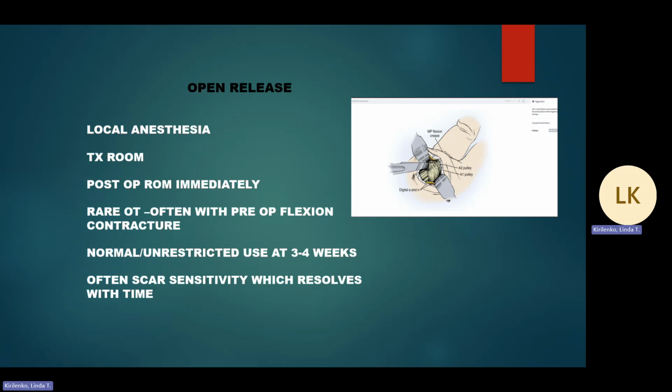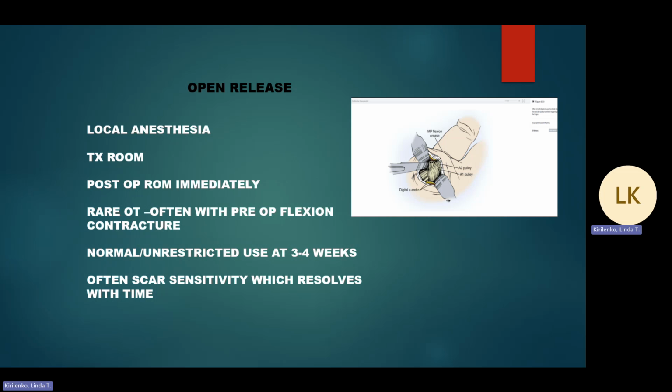Open release is done under local anesthesia in the treatment room, with range of motion immediately postoperatively. Rarely you can wind up with some flexion contracture, but this most commonly occurs if there is a pre-op flexion contracture. Normal unrestricted use of the hand at 3 to 4 weeks.